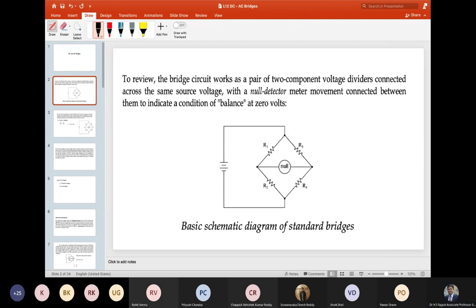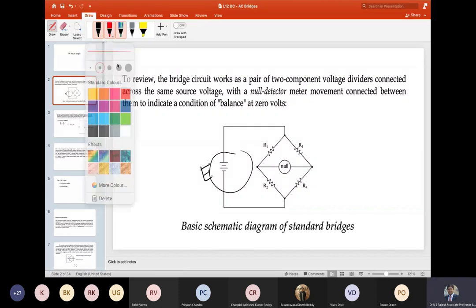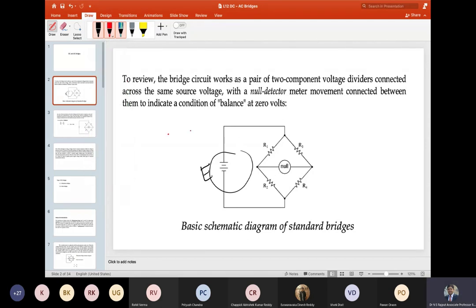A bridge circuit is a pair of two component voltage dividers connected across the same source. So this is the same source E that is connected across. Here you can see that this is one path, this is another path.